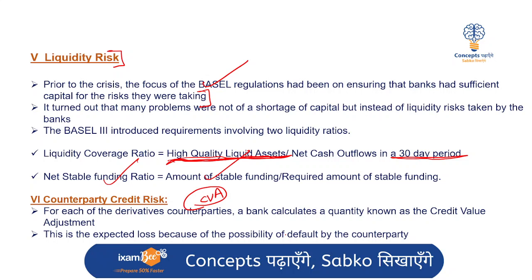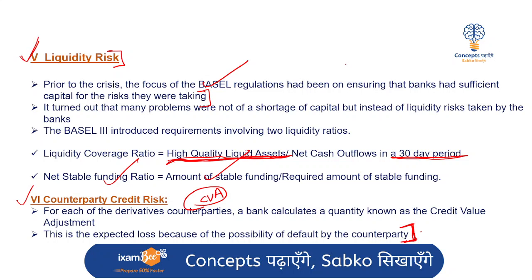That was also a part of the Basel III requirements, because of the severe risk arising from changing credit spreads, a component of market risk capital, that needed to be part of the changes made in the Basel III norms. If required, we can have a separate video on liquidity risk and counterparty credit risk in order to understand them in detail. So this was all about the Basel norms.